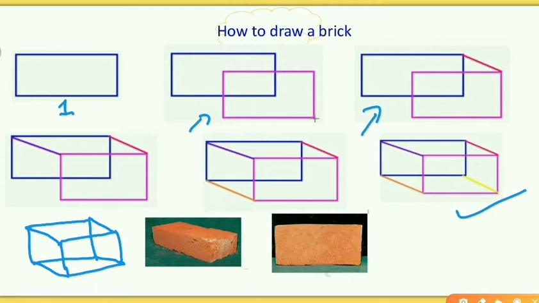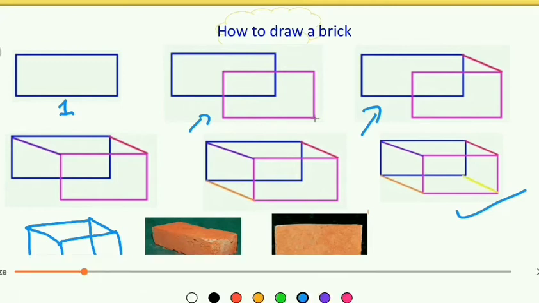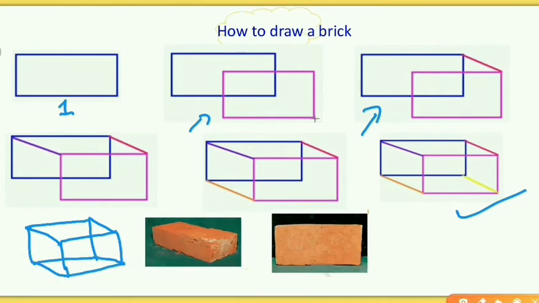But when you see here in the figure, down here I have given you two figures of a brick. In the figure, you don't see a brick in this way. What happens is, for example, this is the part of the brick.